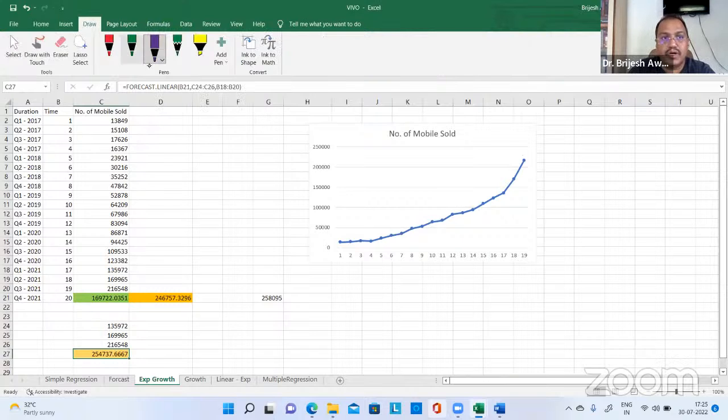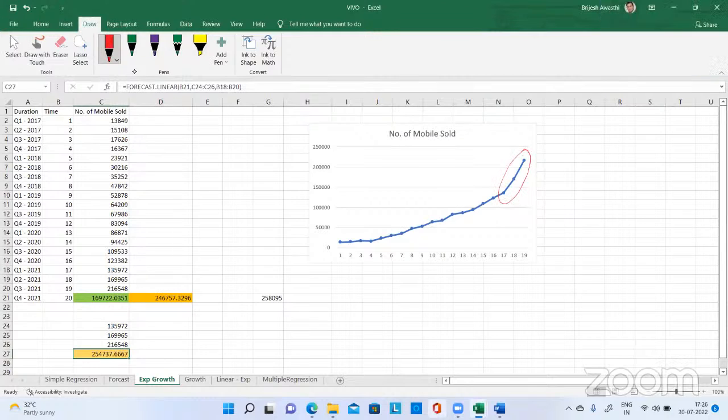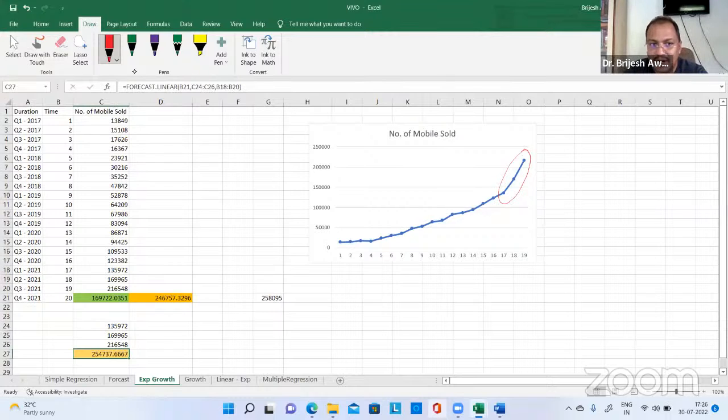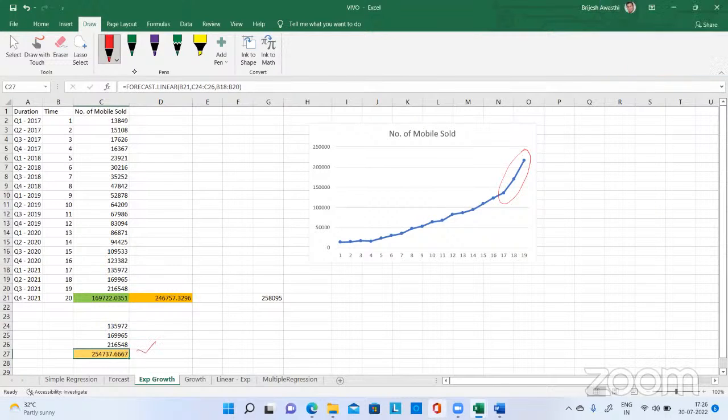You have to focus on the pattern. I can easily see there is linearity between the last 3 years. Yes or no? Exact linearity and high growth also. That is why I got the accurate value.